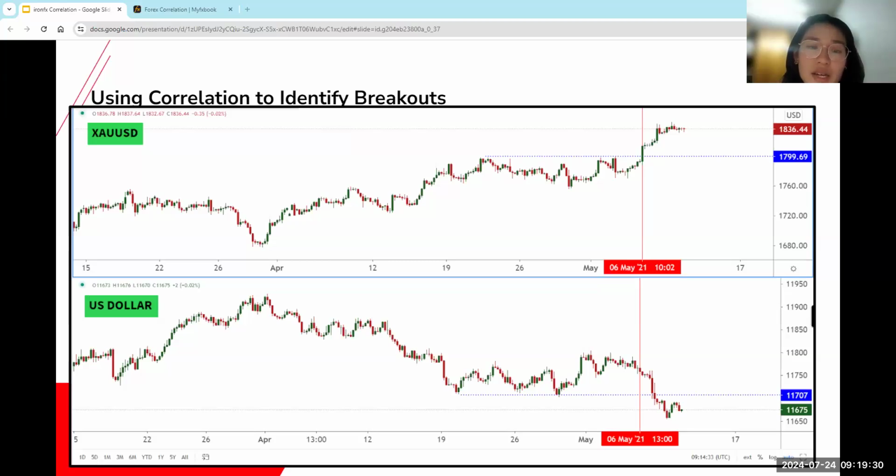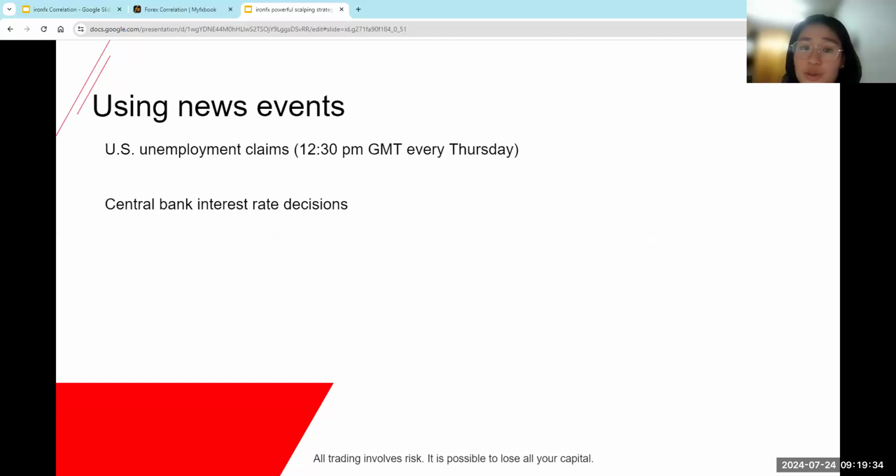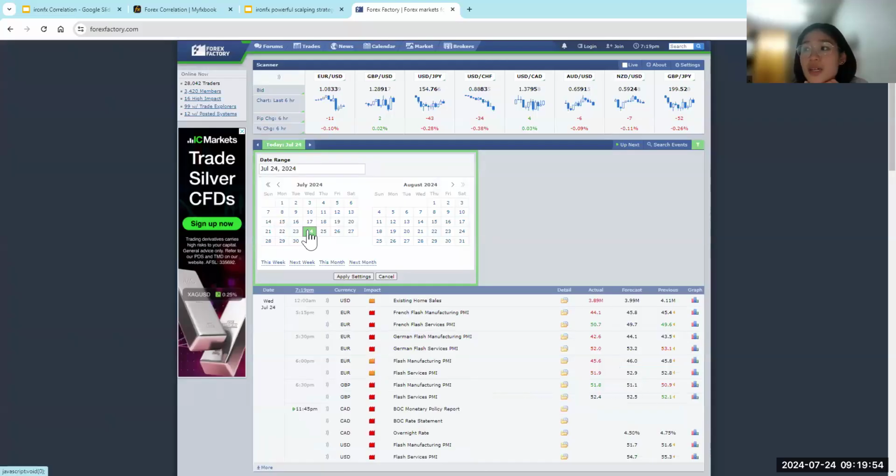Another thing that you could use with regards to correlation is using your news events. For example, if you use fundamental analysis, one way that we do so is by using forexfactory.com, but you can use any economic calendar that you want.